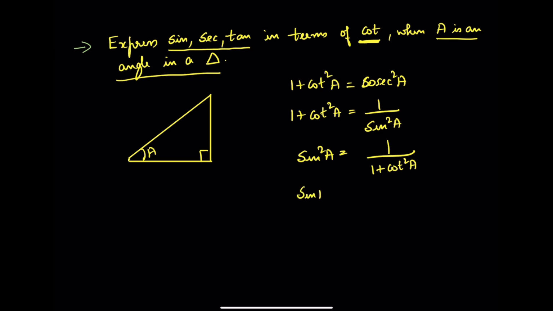So sine A would be equal to 1 by square root of 1 plus cot square A.